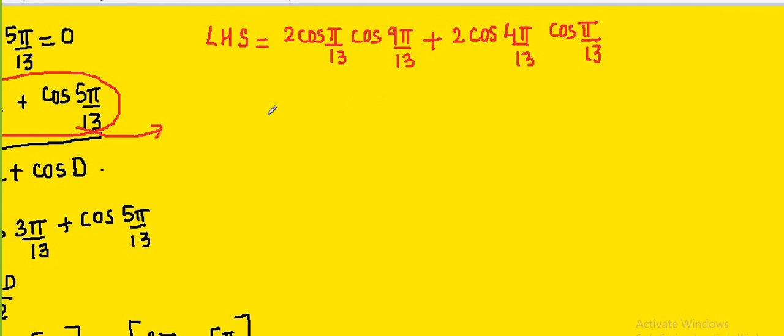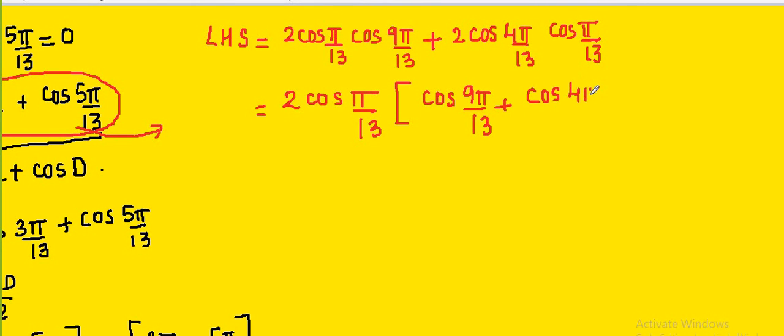As we can see that we have 2 cos pi by 13 as common. So inside we have cos 9 pi by 13 plus cos 4 pi by 13. Can we spot now another formula for cos C plus cos D? Absolutely yes. So here we have spotted one formula, cos C plus cos D again.